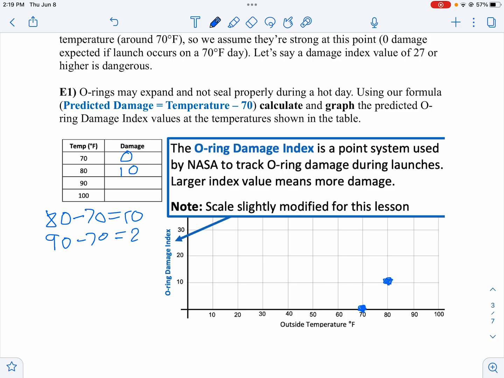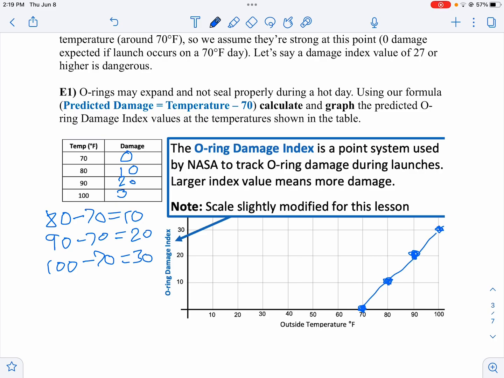That would be damage of 20. And then if we do 100 degrees, 100 minus 70 would be 30. So up here at 30.